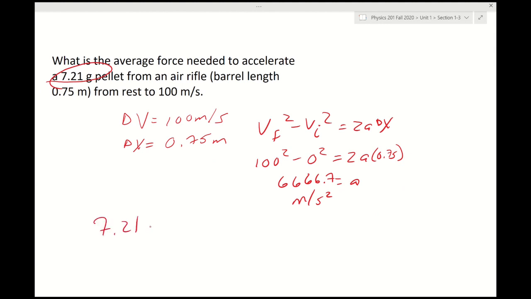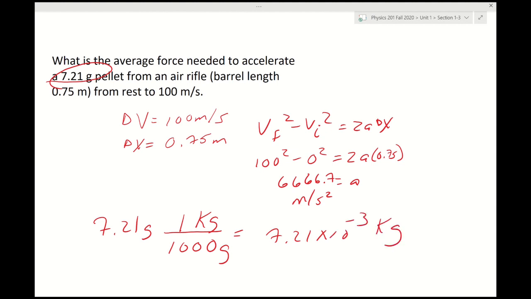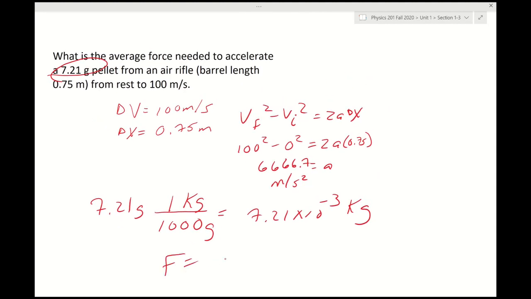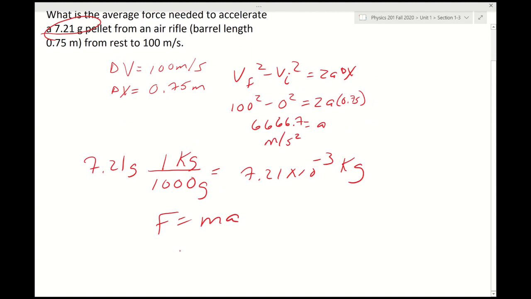All right, so 1,000 grams per kilogram, which is equal to 7.21 times 10 to the minus third kilograms. If we're looking for a force, we can use the short form of Newton's second law, so that the average force is simply going to be this 7.21 times 10 to the minus third kilograms times a 6,666.7 meters per second squared, which is going to give us 48.1 newtons.